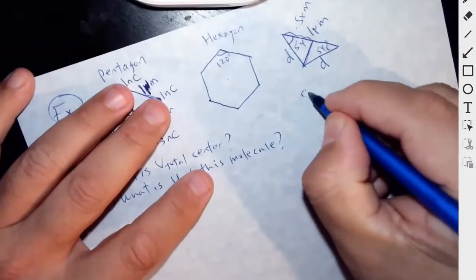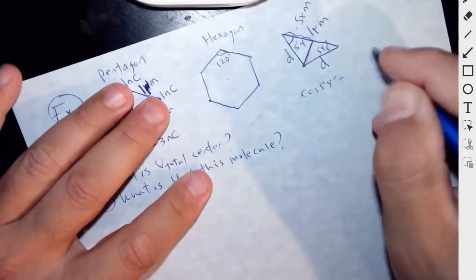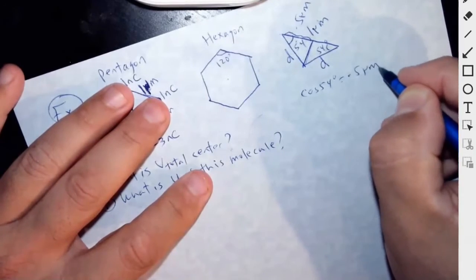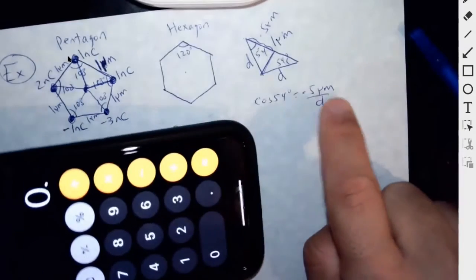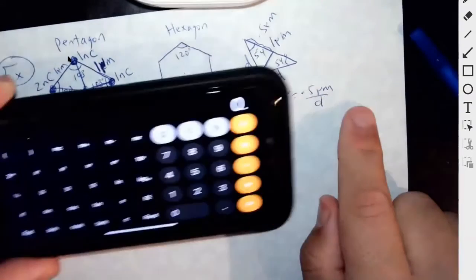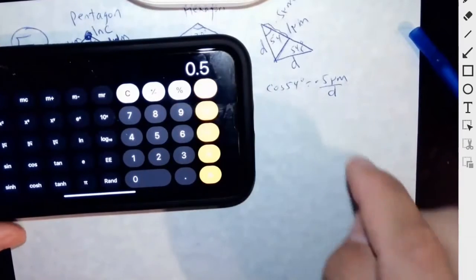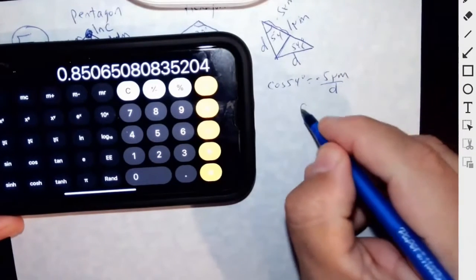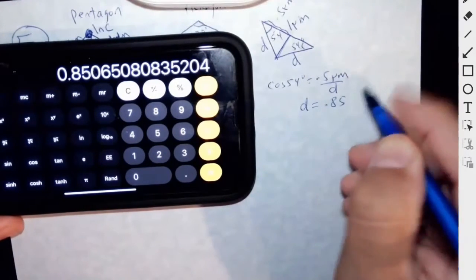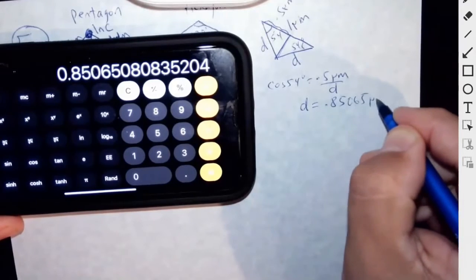So cosine of 54 is 0.5 micrometer over d. Okay, that's how we can find the distance. So now the distance is going to be 0.5 divided by cosine 54. Okay, so d is going to be 0.85065 micrometer.